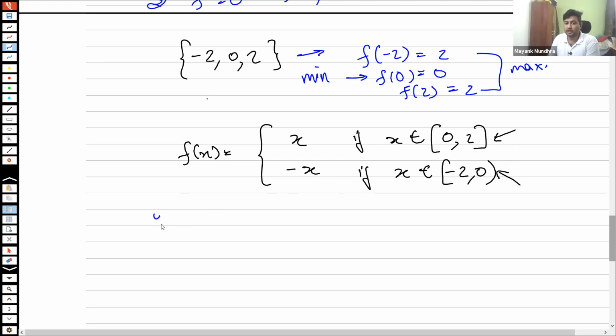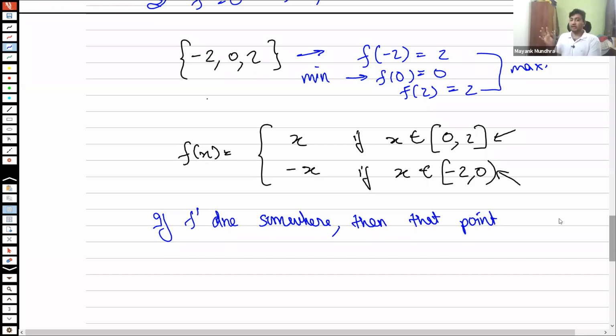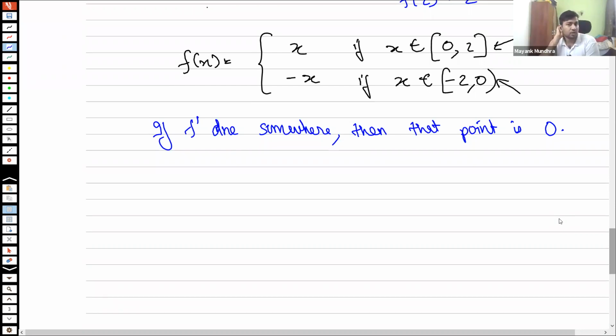So if f prime does not exist somewhere, then that point has to be 0. If at all there is such a point where f prime does not exist, then that point has to be 0. So the only point you need to check is 0.